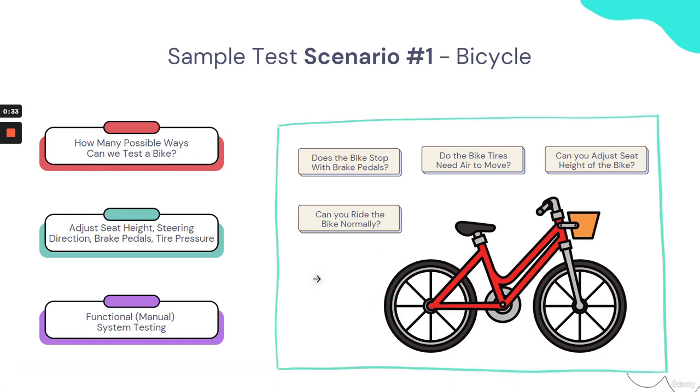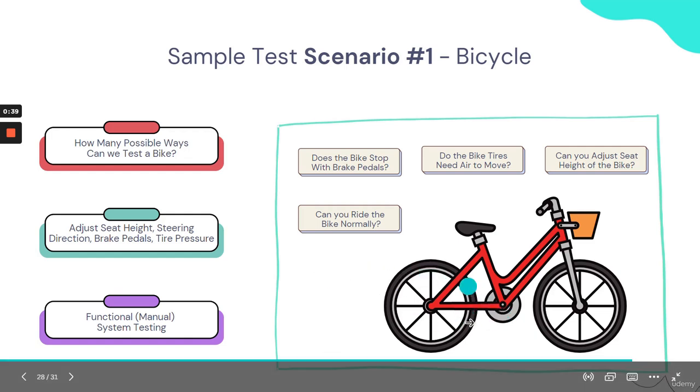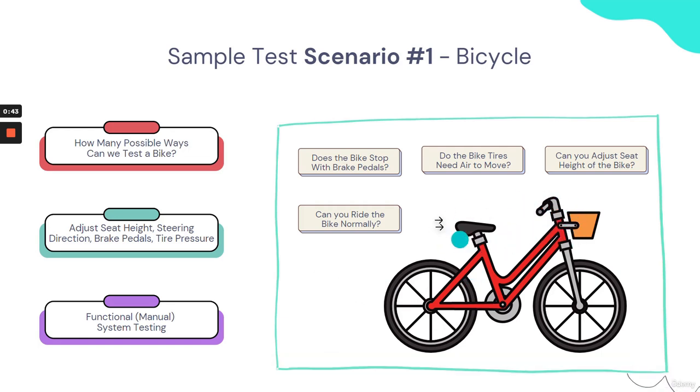So some of the general questions that come to mind are the brakes, the wheels, the handlebars, and the seat. So then we convert those questions or ideas into actual analysis and design as part of our solution.